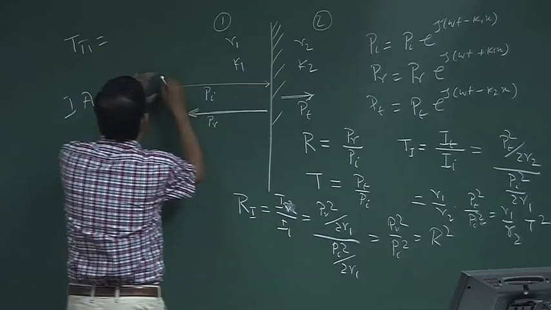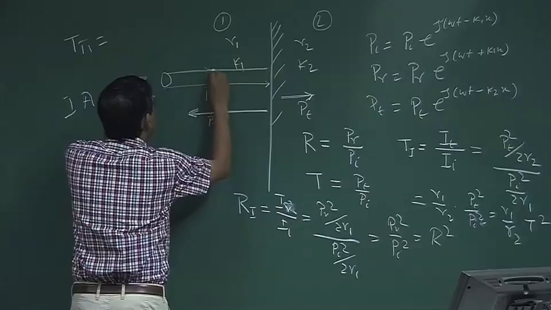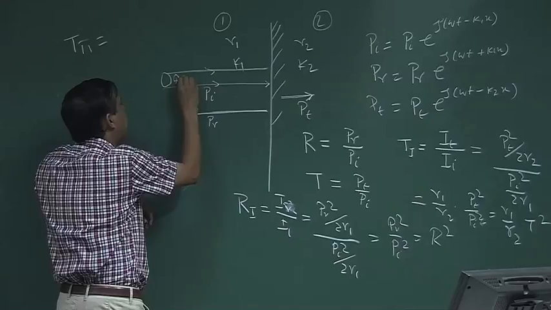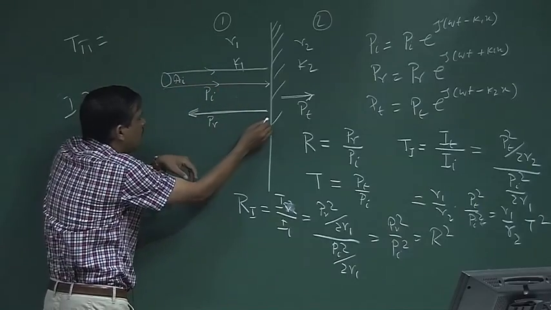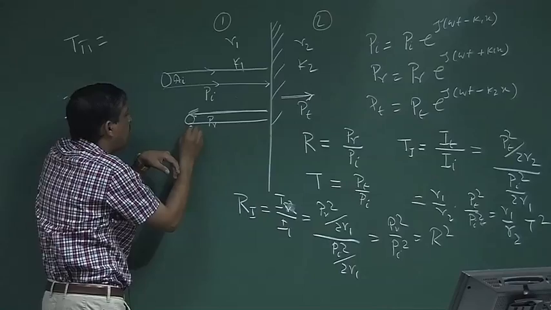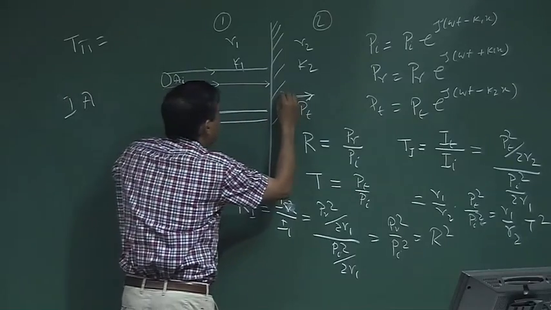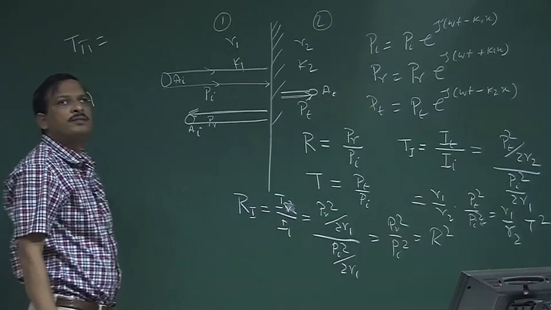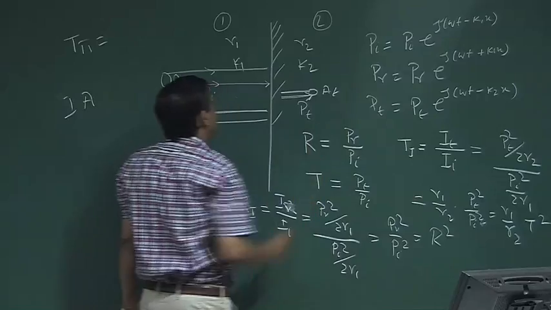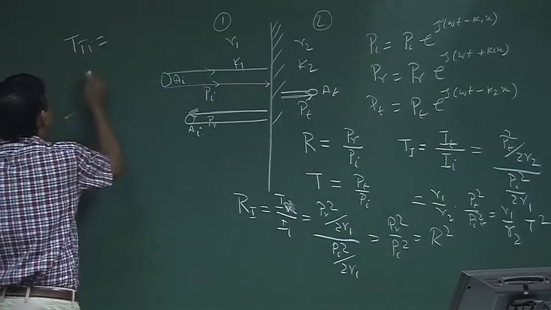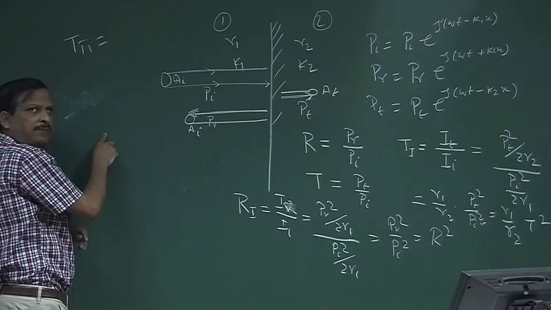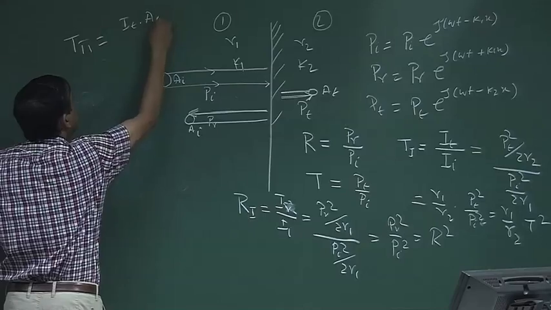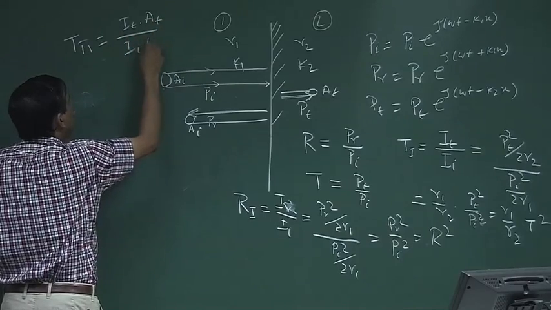Let us think of the incident ray as a beam with area Ai. The same area will be reflected, but the transmitted area may be different, let us say At. The transmitted power coefficient is the transmitted power divided by the incident power, which is It into At divided by Ii into Ai.